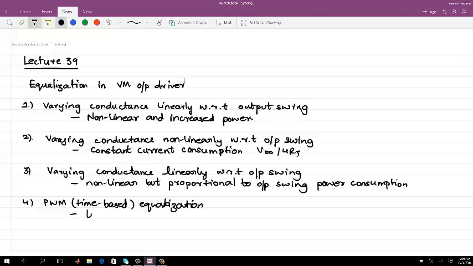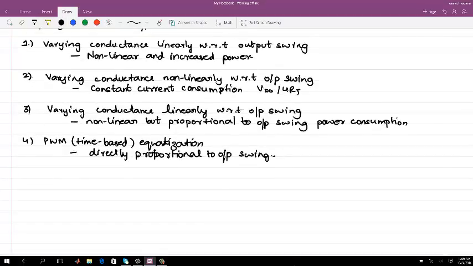You can say it's linearly proportional to output swing. Let me just say directly, that will be better, directly proportional to output swing and linear in fashion. So we have seen 4 different kinds of equalization at the transmitter output driver.